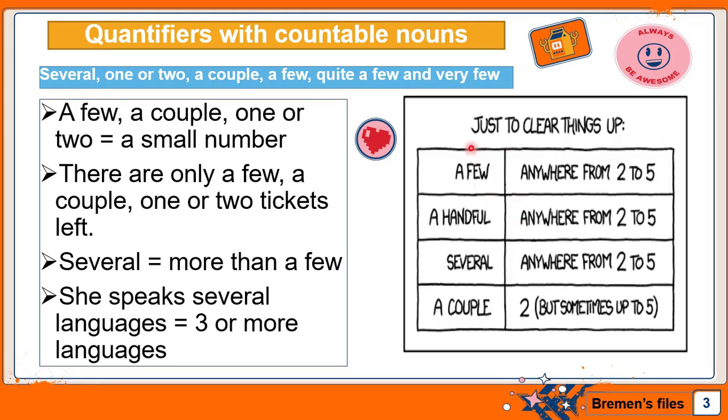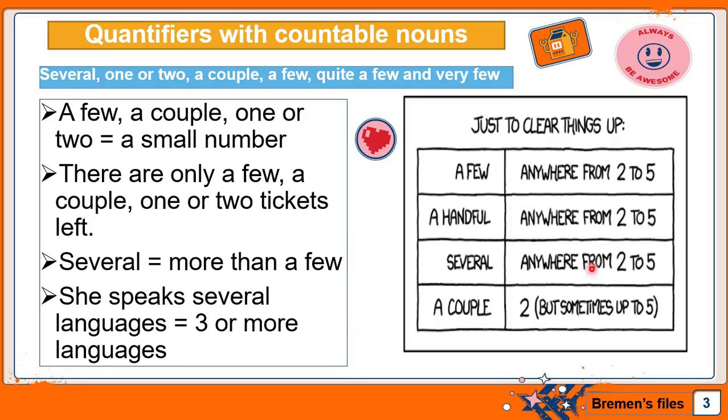Like a few here, anywhere from 2 to 5. You can say a few when the object is just 2 until 5. A handful of what? A handful of apples, a few apples. The meaning is just 2 until 5 apples.